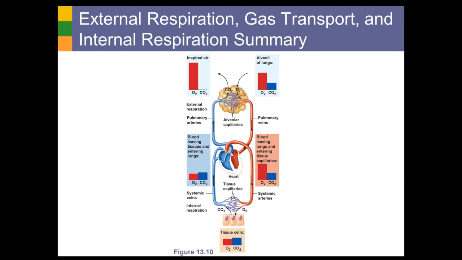Heart then pumps it to the lungs, and there we get loading of oxygen, unloading of carbon dioxide, and now we're back to oxygenated blood, where we have a 2-to-1 ratio. Again, what I want to emphasize is that only about half of the oxygen that makes it to the capillaries is actually unloaded. So blood that is pumped to the systemic capillaries is 100%, or should be close to 100% saturated. It's only about 50% saturated when it leaves.